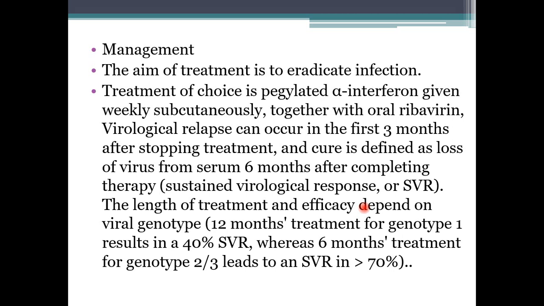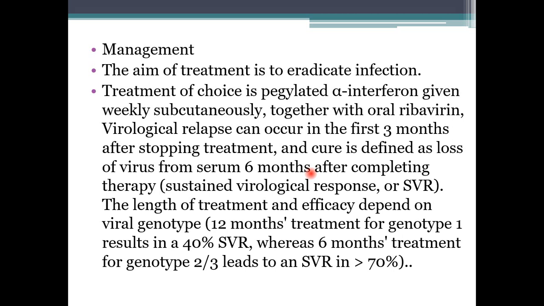Virological response we also divide into early virological response and sustained virological response, EVR and SVR. Virological relapse can occur in the first 3 months after stopping treatment, and cure is defined as loss of virus from serum 6 months after completing therapy, which is sustained virological response, SVR.